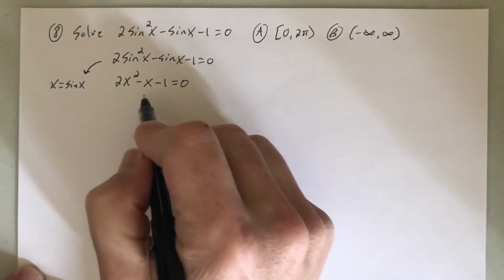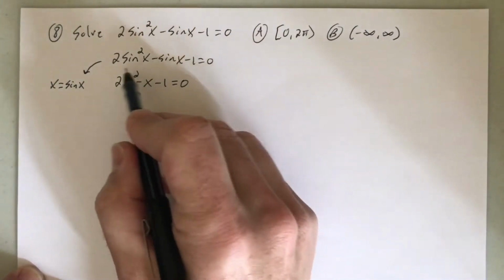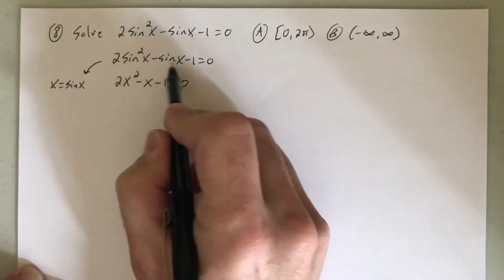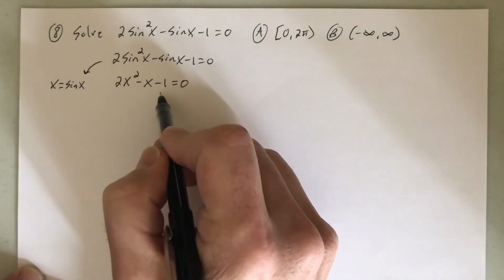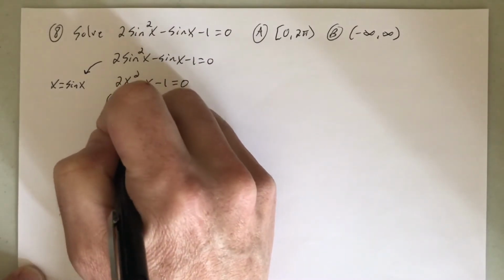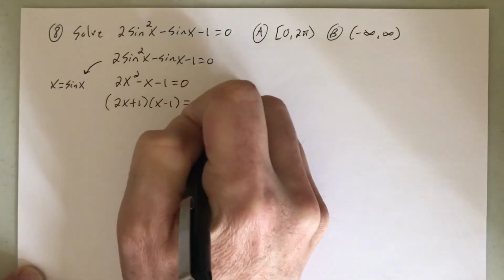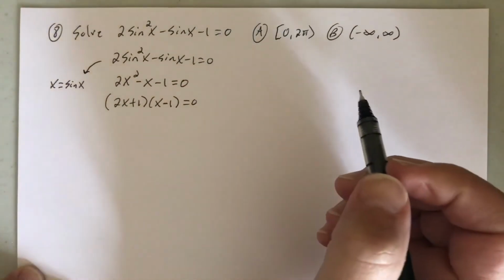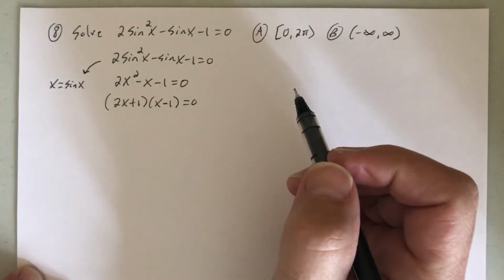Now this is more familiar to you looking at it as a quadratic and probably easier to factor. It's not a necessary step. You can factor it right from here if you recognize it. If not, you can do the substitution. When I factor this, it becomes 2x plus 1 times x minus 1 is equal to 0. If you're wondering how I did the factoring part, you can look at one of my other videos on factoring quadratics.